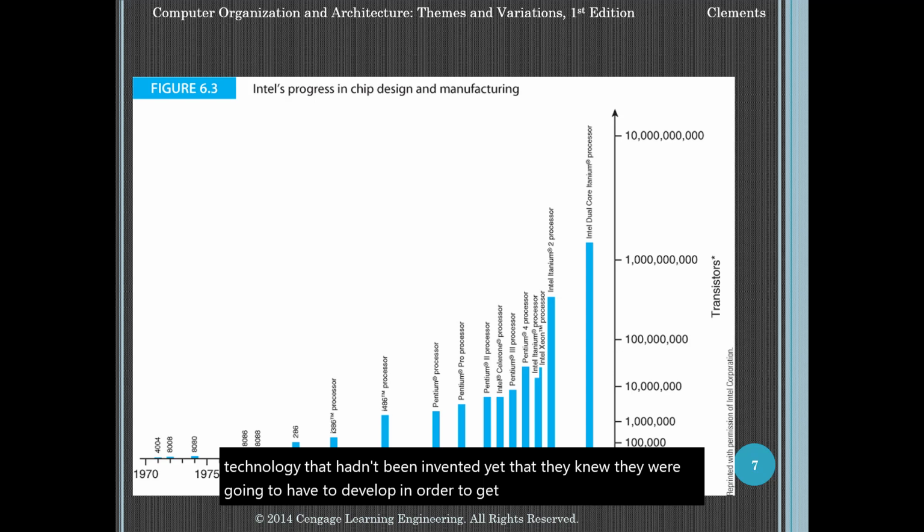And so this is not an uncommon type of plan. It's a very ambitious type of plan. But progress at this point is so reliable that engineers could assume that by the time the next generation of processors had been designed, suitable technologies would be in place.